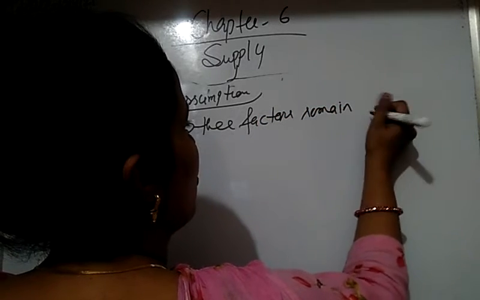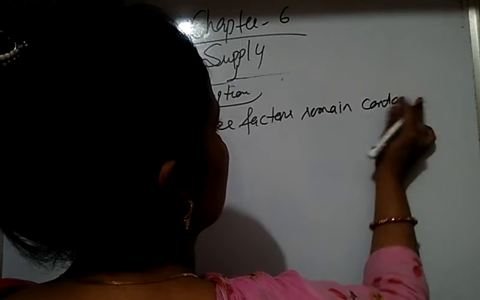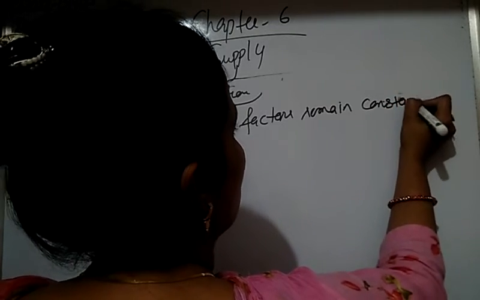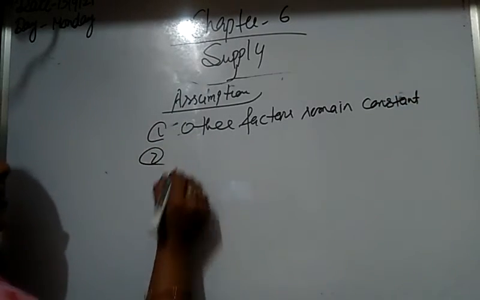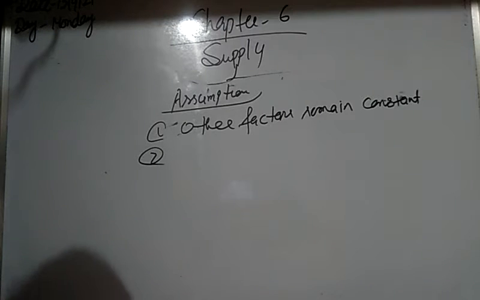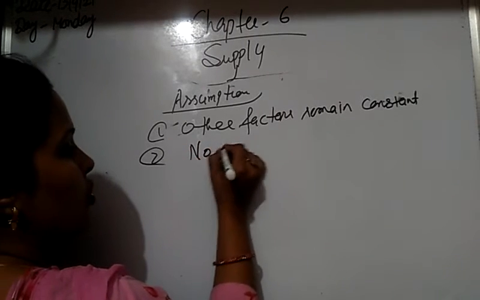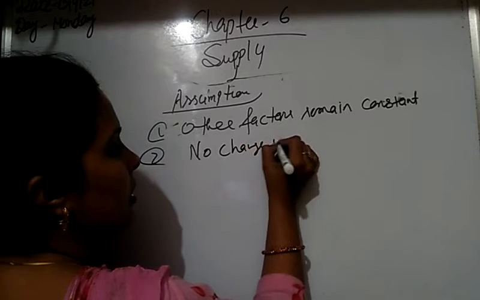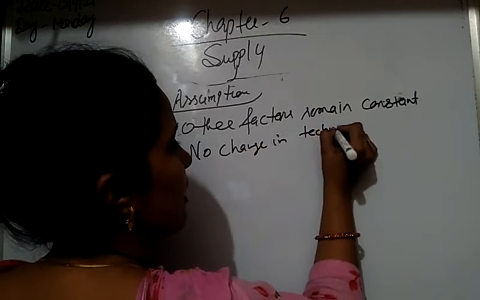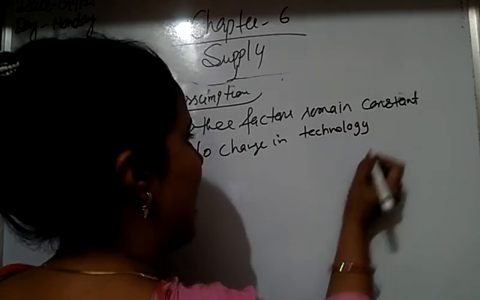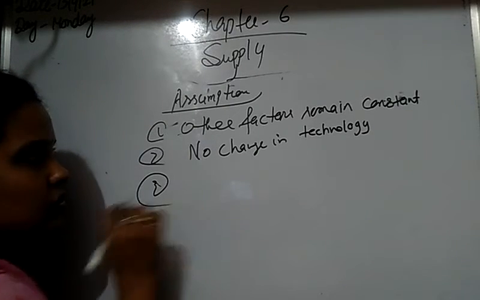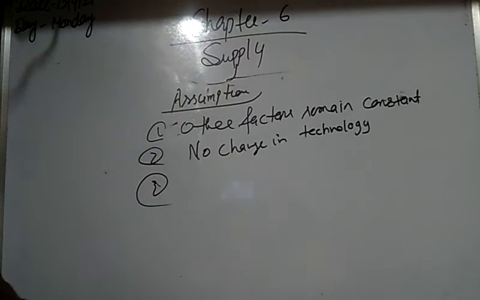No change in the price of other factors. No change in technology; they are using old technology as they do their work. At that time the law of supply is applied.